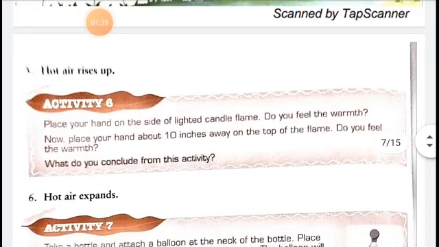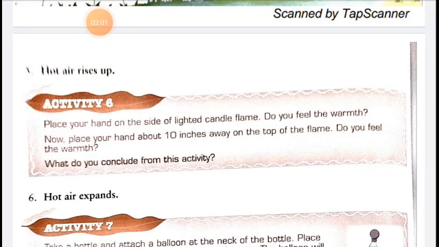Next property of air is that hot air rises up. You can also prove it with an activity. You just light a candle and place your hand on the side of the candle flame. Do you feel warm? No, you will not feel warmth.